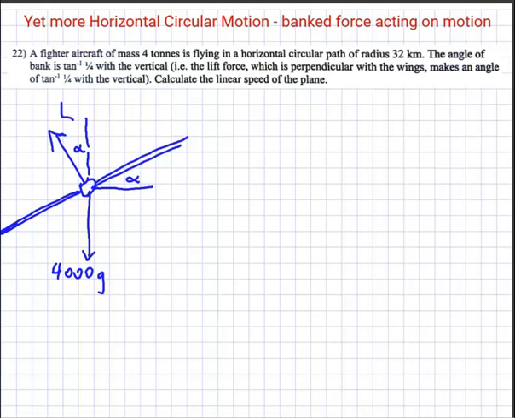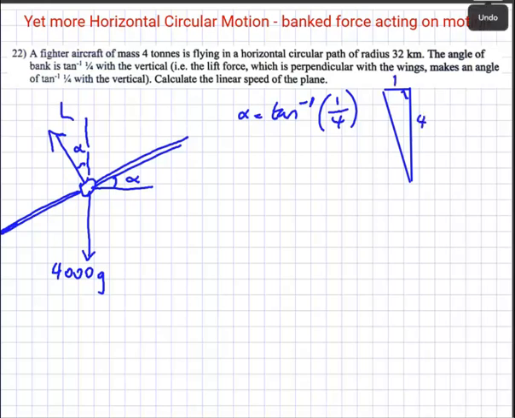So it tells us the angle of bank is inverse tan of 1/4 with the vertical. So tangent is opposite over adjacent. So opposite is 1 for adjacent of 4. And if we want to work out our hypotenuse, we have to do the square root of 4 squared plus 1 squared. So we end up with our hypotenuse being root 17.